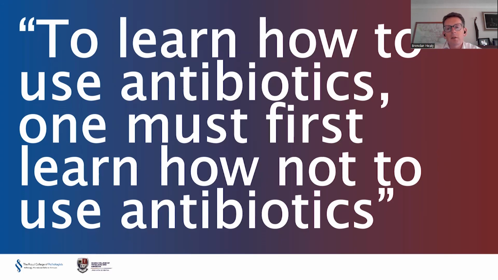And one of the massive changes in my career has been around management of community associated pneumonia. Obviously we know that amoxicillin will work frequently in community associated pneumonia, but our general practice in ITU would be that if they were so sick that they were coming to ITU, we would start them on a more broad spectrum antibiotic. This whole start smart then focus idea.